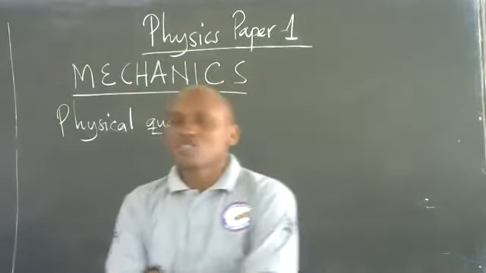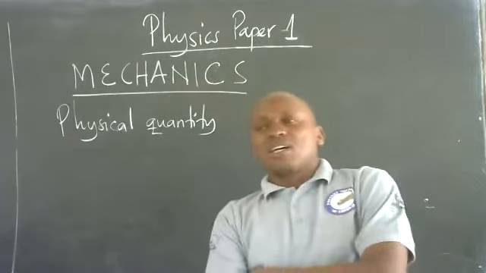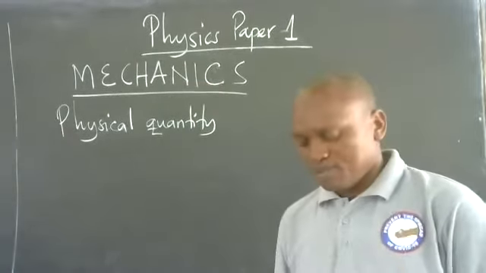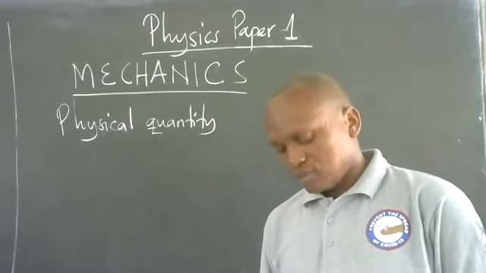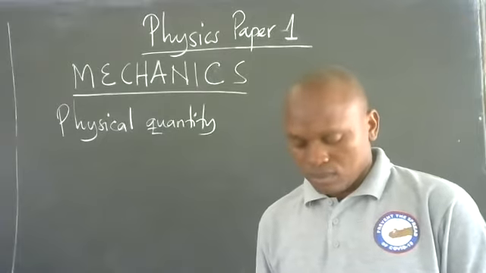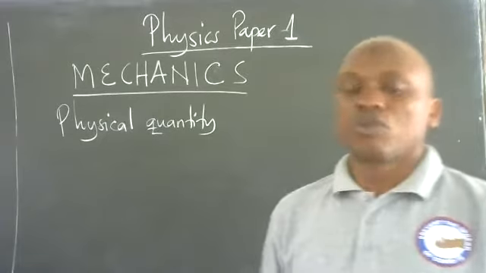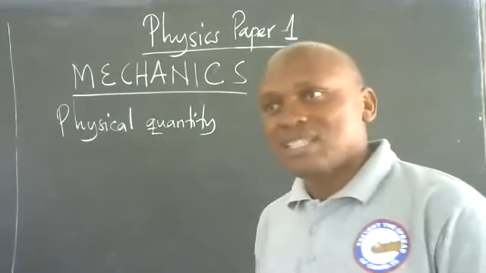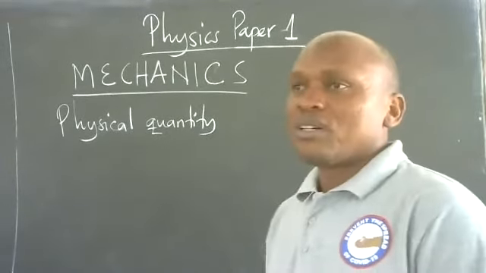It might not have a specific definition, but what do you think it refers to? I think it is something that can be measured. Very good. Any item that can be measured, something measurable.